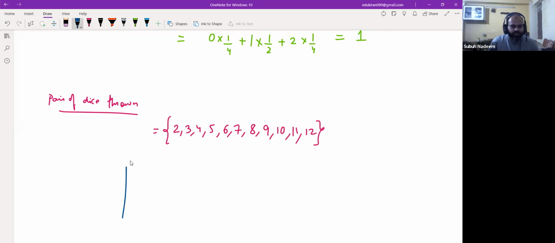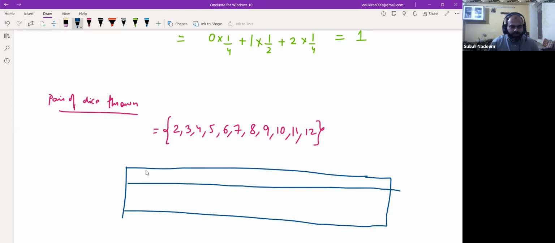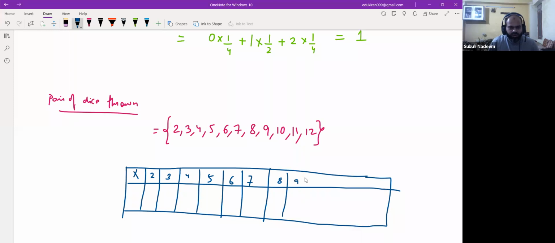X values will come out to be 2, 3, 4, 5, 6, 7, 8, 9, 10, 11, 12.